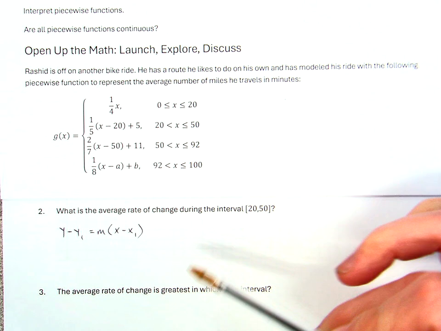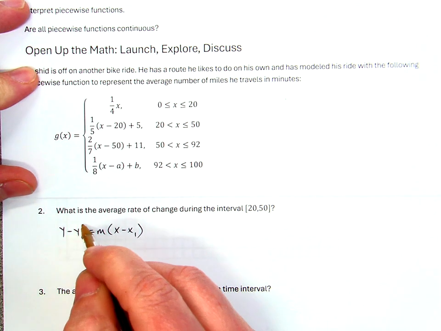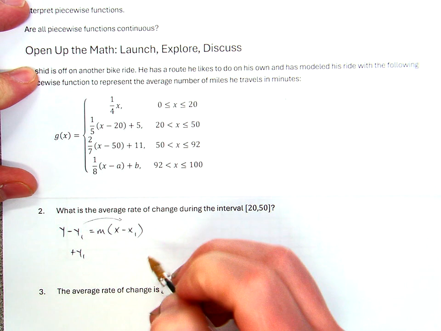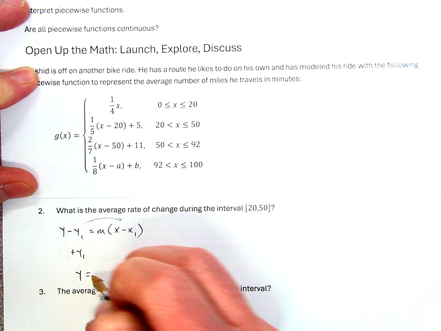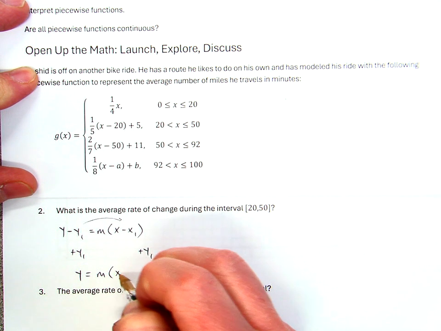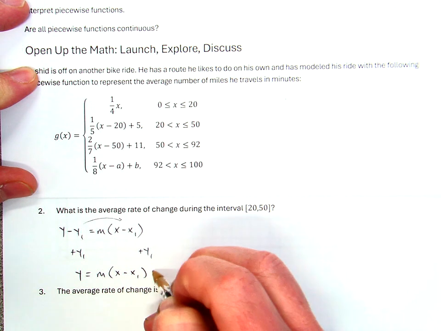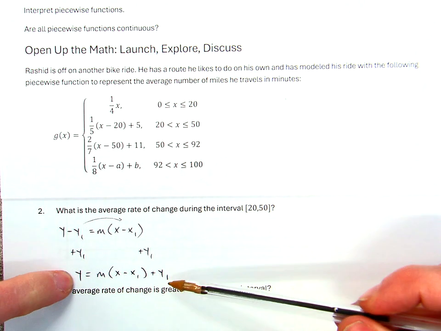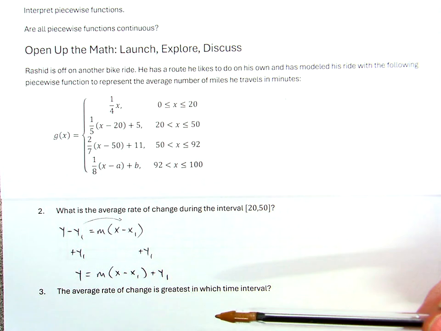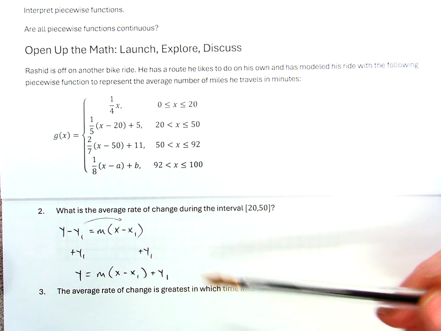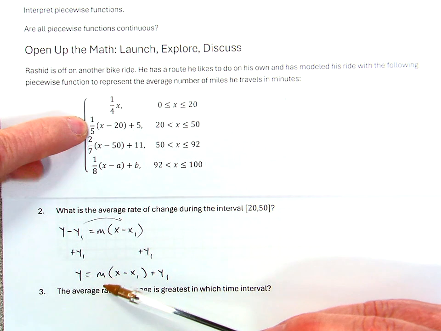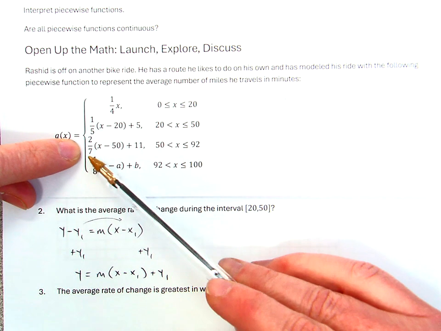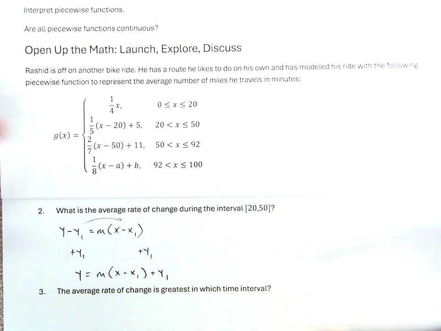And if we wanted to write it as just y equals, we could move this y1 in the equation over to the other side, and we can get the equation written in kind of a transformed version, as we were calling it, if you remember from the last lesson, of a linear equation, which will help us move along here. But this is still linear, so this value in front of the parentheses is the slope, right? So the slope of this second one is 1/5. The slope of this third one is 2/7. The slope of this fourth one is 1/8.